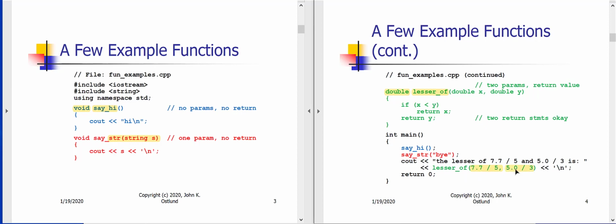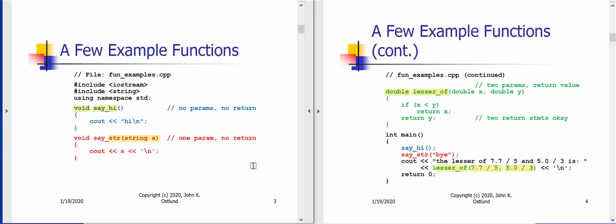Those values are computed first, and their results become the values of the parameters x and y within lesserOf. This function will return the result back to the point where the function was called. So that return value from lesserOf becomes a value that we are then going to insert or put to cout.